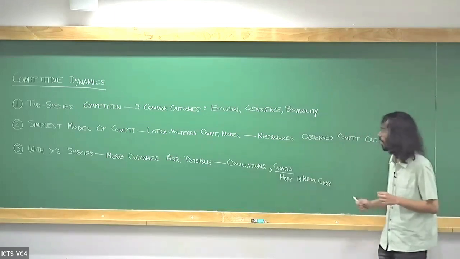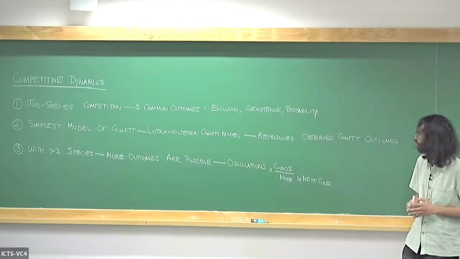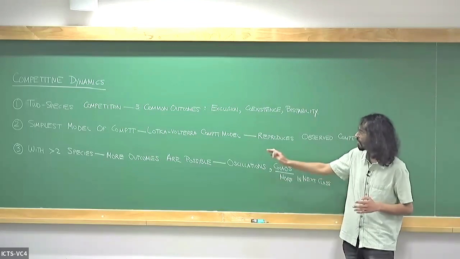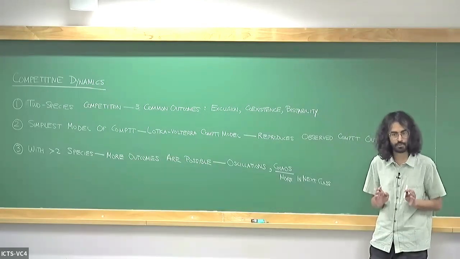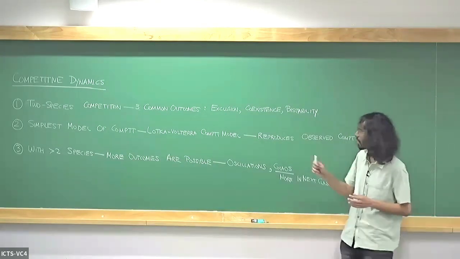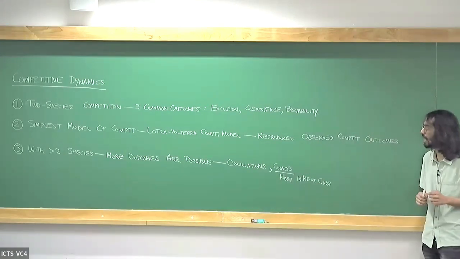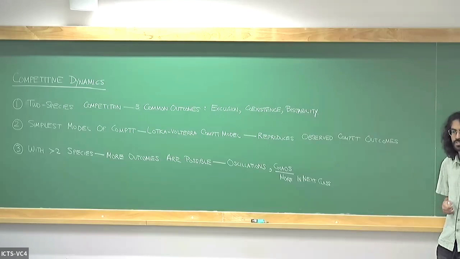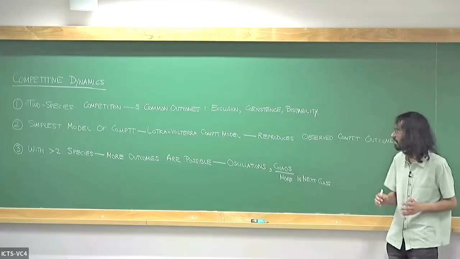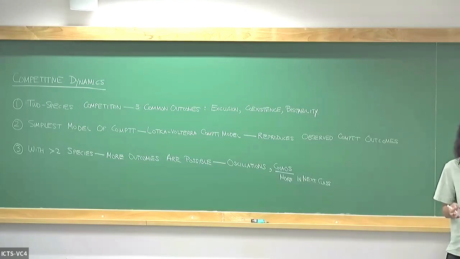And then we're going to talk about the simplest possible model of this competition, which again is also due to Lotka and Volterra, but this is not to be confused with the predator-prey model. This is the Lotka-Volterra competition model, and here we see that the set of outcomes qualitatively that you get as a result of two species competing matches exactly these three outcomes that we see in experiments, which is nice.